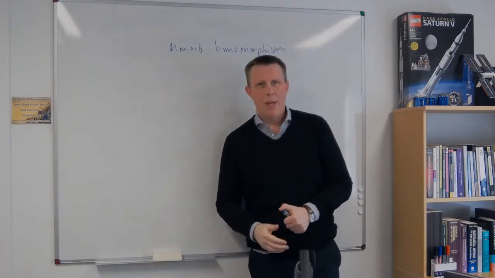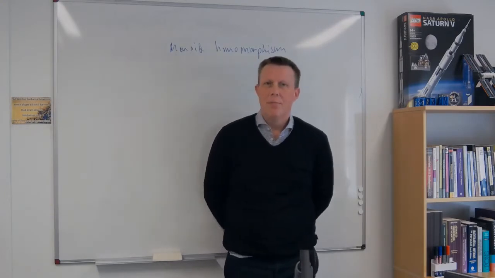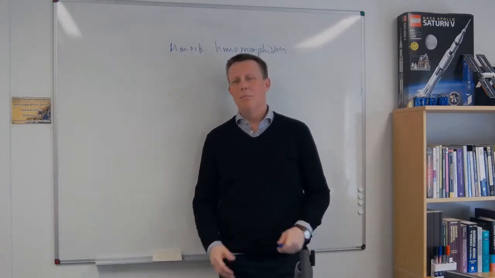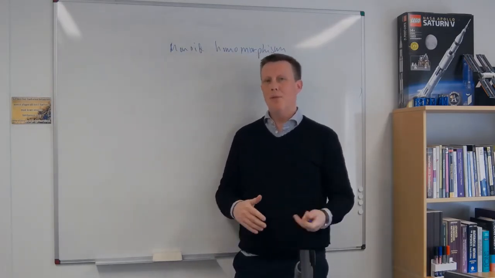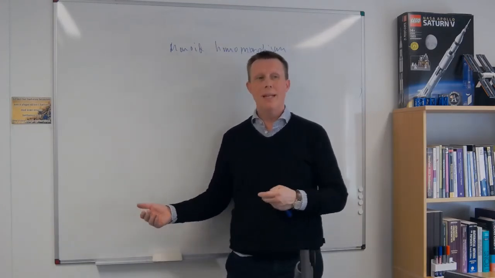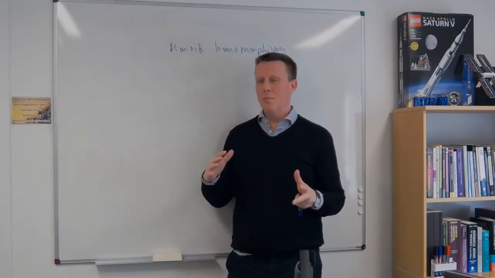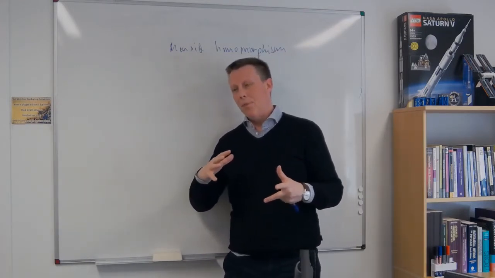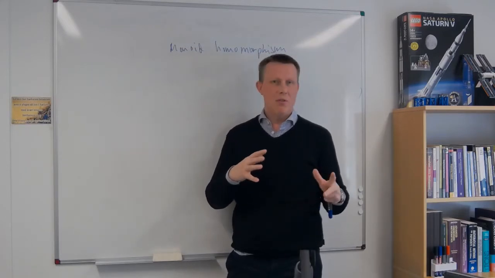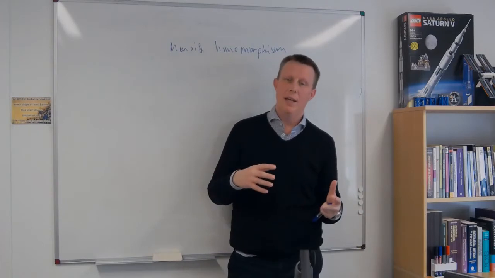So, to recap, an isomorphism is a transformation from one representation to another, which preserves both structure and information. Meaning that by applying an isomorphism, we can turn some structure into another structure and back without losing any information.